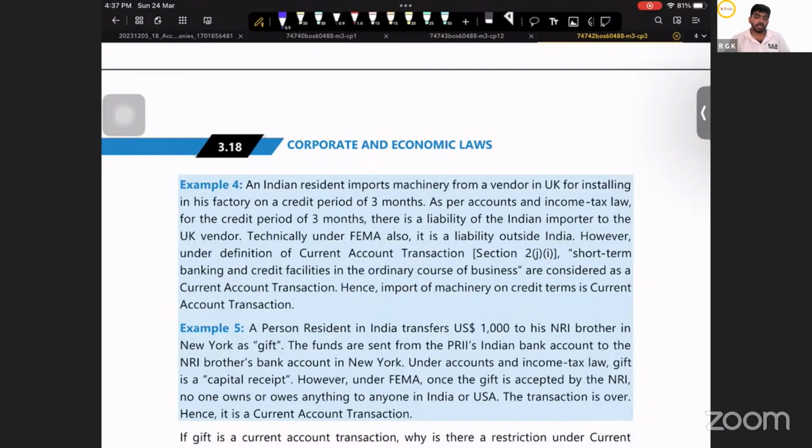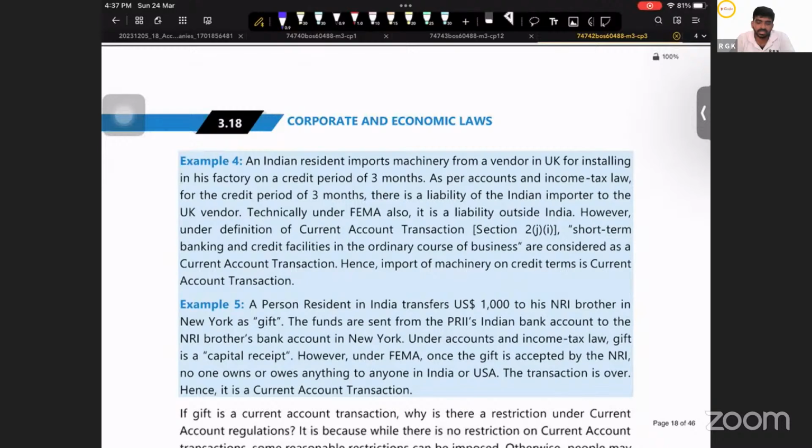As per accounts and income tax law, for a credit period of 3 months, there is a liability on the Indian importer to the UK vendor. There is a liability, I have to repay after 3 months, so it becomes my liability. But when it comes to FEMA, they specifically say short-term credit facility is nothing but a current account transaction only, not a capital account transaction. So even though I purchase machinery on a 3-month credit period, it does not become a capital account transaction; it will be considered as a current account transaction.